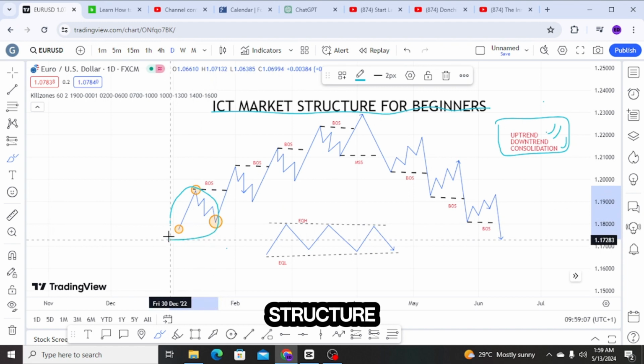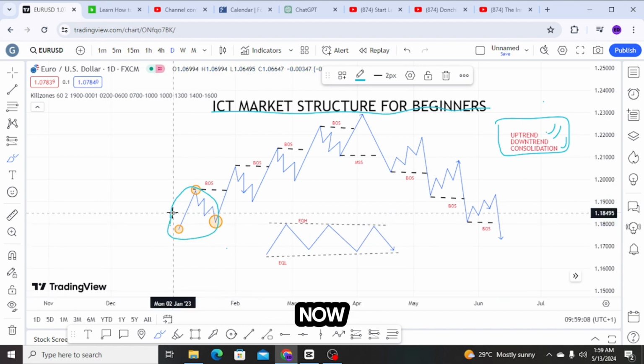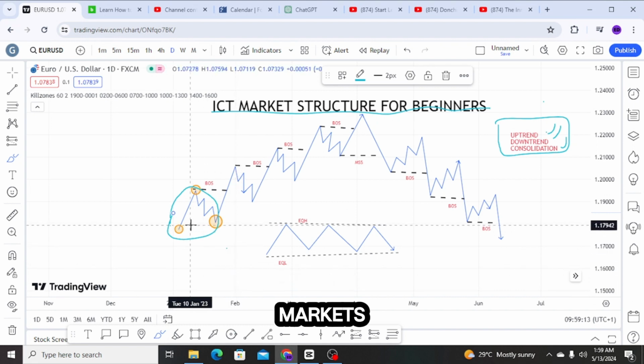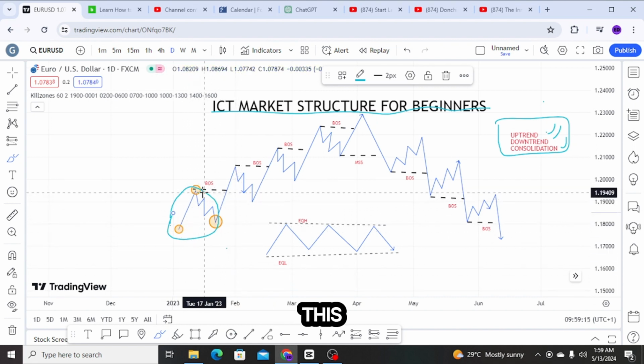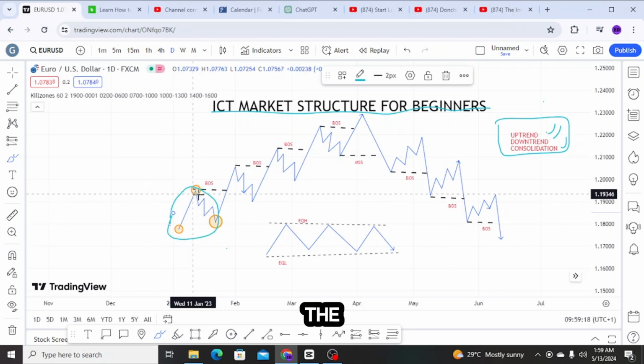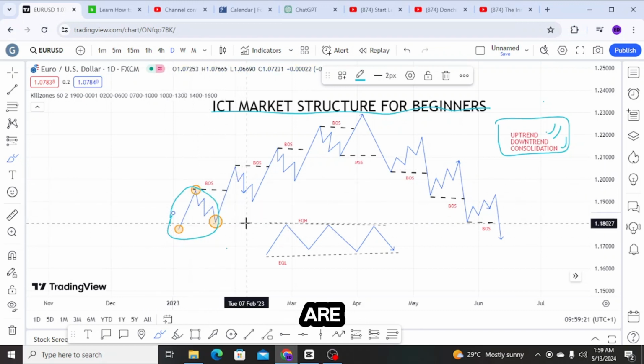This is a structure. What it means is that once the market was able to break this level where I circled to the upside, then we are in an uptrend.